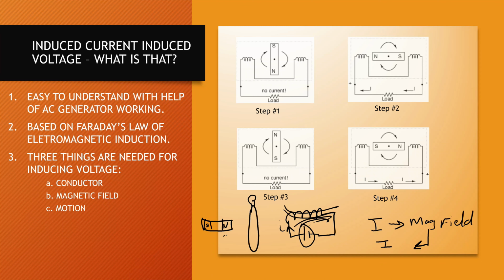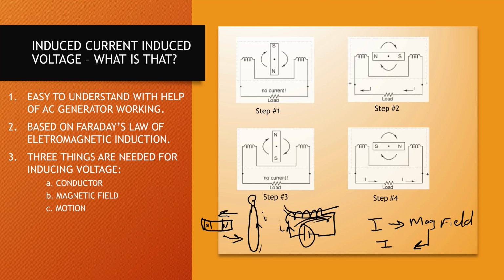When you move this magnet in this direction, the bulb goes on. When you move it back, the bulb goes on momentarily. If you keep the magnet stationary, nothing is going to happen. If you keep moving this magnet, there is going to be some current flowing inside this coil.